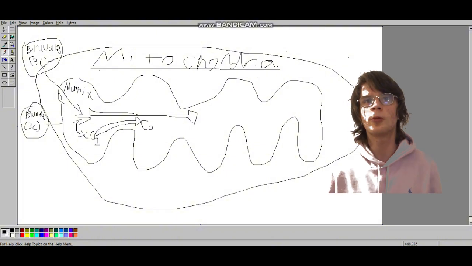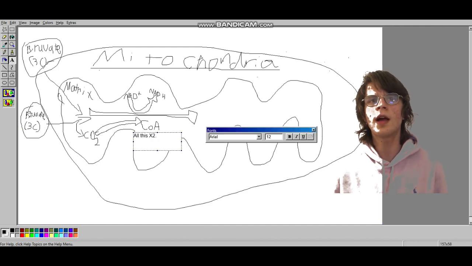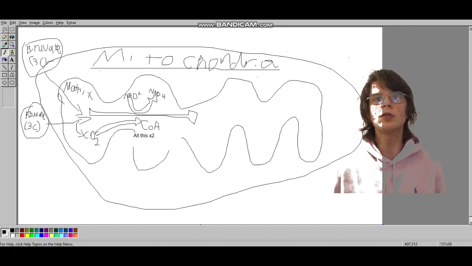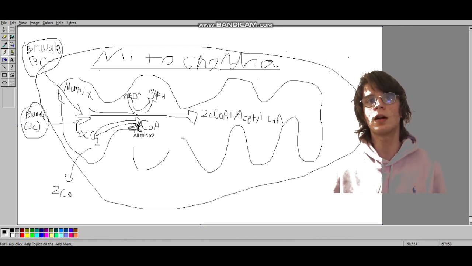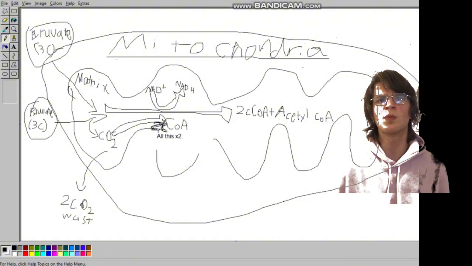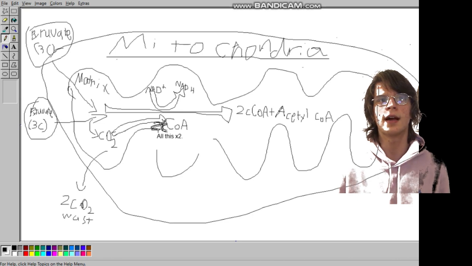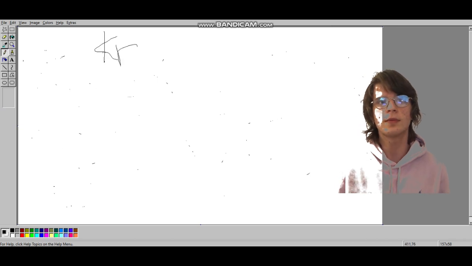Next, NAD+ is reduced to NADH while the pyruvate is oxidized. This all happens twice per pyruvate. After this, the 2-carbon acetyl group attaches to coenzyme A. In summary, pyruvate from glycolysis and NAD+ form 2 CO2 as waste, 2 NADH, and 2 acetyl coenzyme A out. Now we can talk about the Krebs cycle.